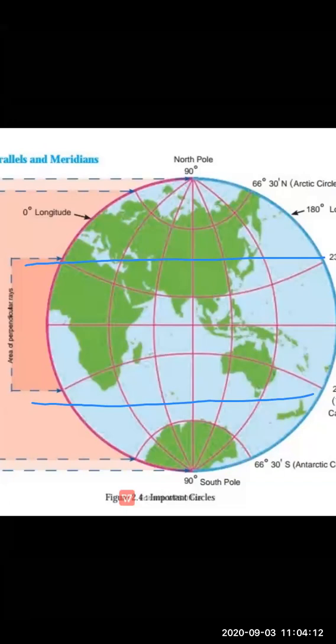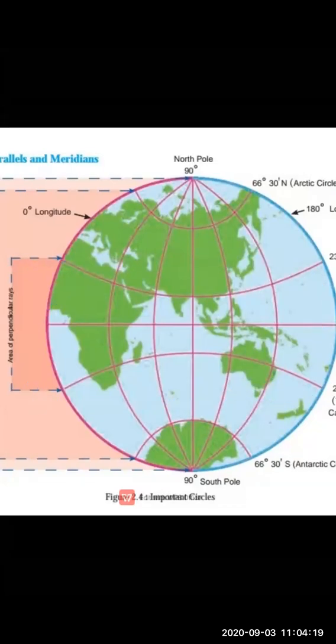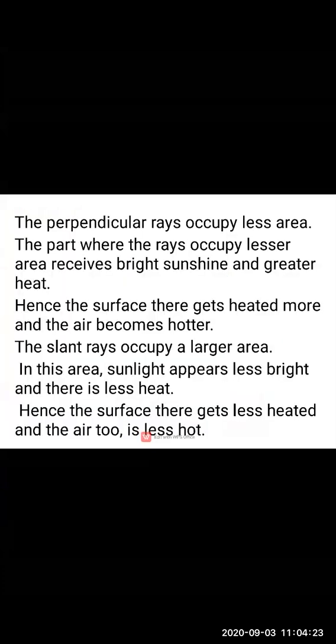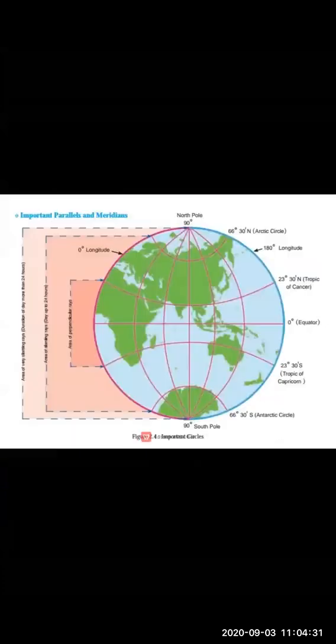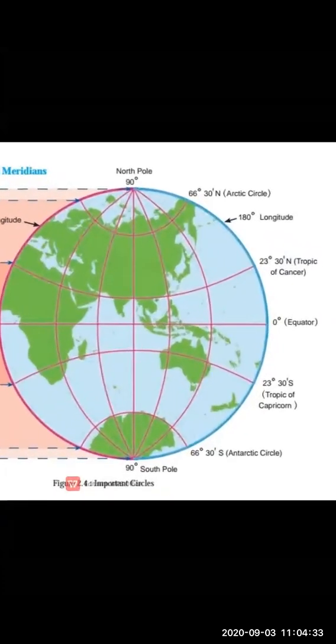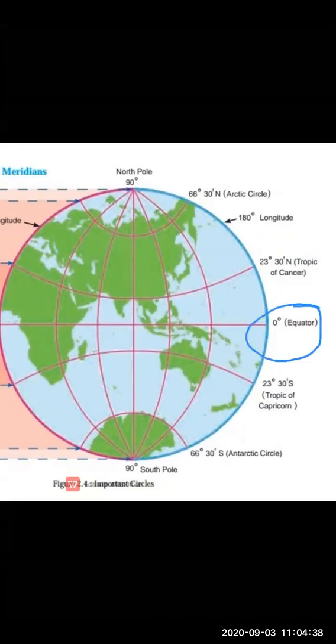So this region is experiencing greater heat and bright sunshine. Moving ahead, because of this, the surface there gets heated more and the air becomes hotter in that region. And this region is our equatorial region.